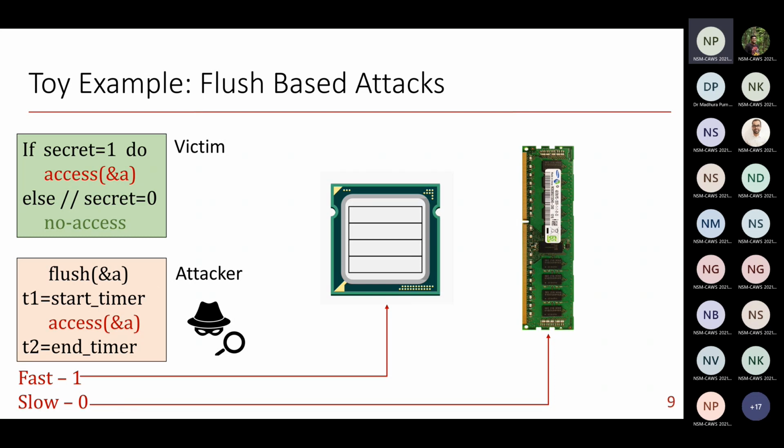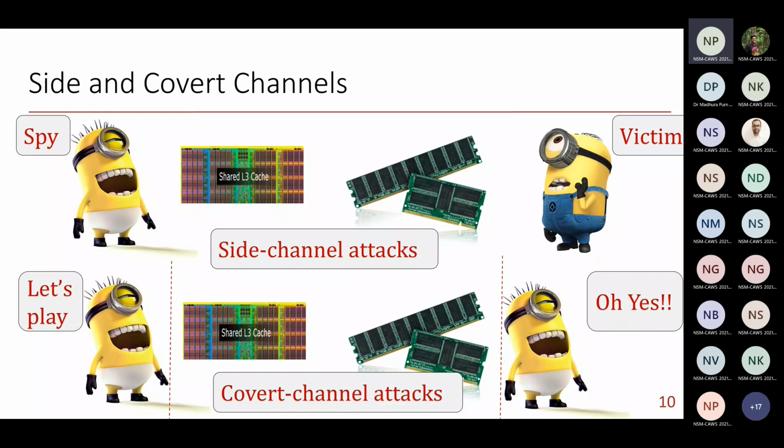Okay. So with that background, I will try to characterize the timing channels that we have seen, which exploit the timing difference between cache and DRAM, into two broad categories of attacks, which are called the side channel and covert channel attack.